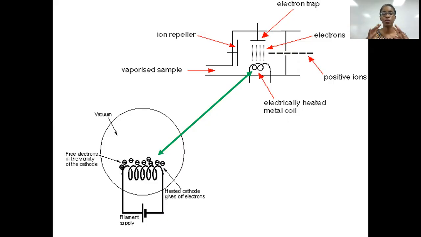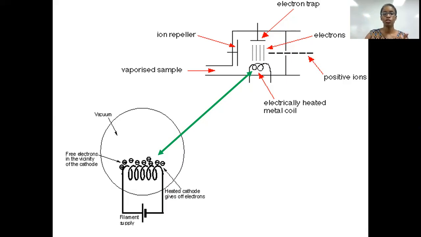Remember, the purpose of this section is to ionize our sample. So of course, if you're thinking about an electron getting knocked off by another electron, what we're going to end up with is a positively charged ion.